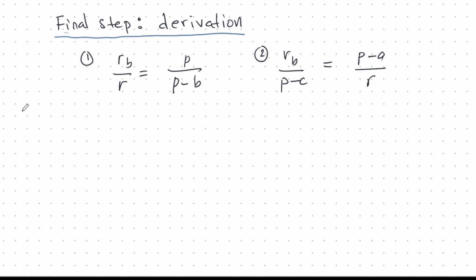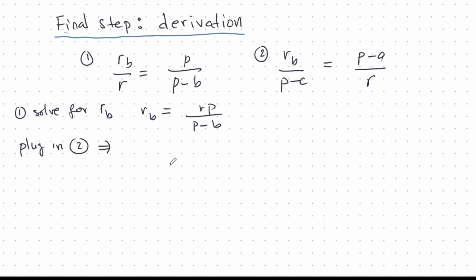So what should we do? Well, we start with 1 and solve for RB, since we want to get rid of RB. What we have then is RB is equal to RP over P minus B. So we plug this into equation 2. And what do we get?